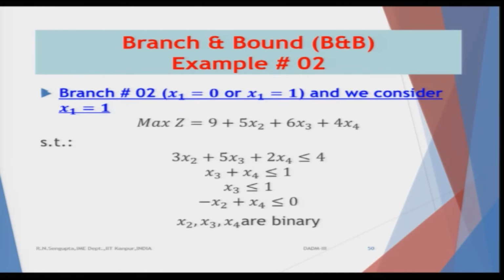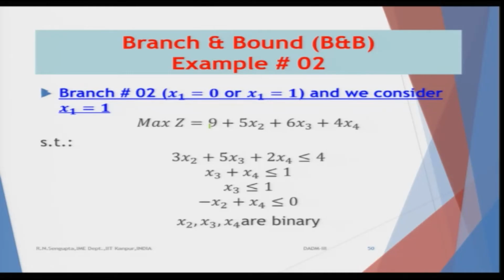Now, as x1 is 1, the problem formulation objective function is like this: 9x1 plus 5x2 plus 6x3 plus 4x4. The 9 value is coming because x1 is 1, so 9 into x1 is 9. Technically we should have written the whole problem formulation, but I am writing it in a more condensed form in order to highlight where we are changing and why.